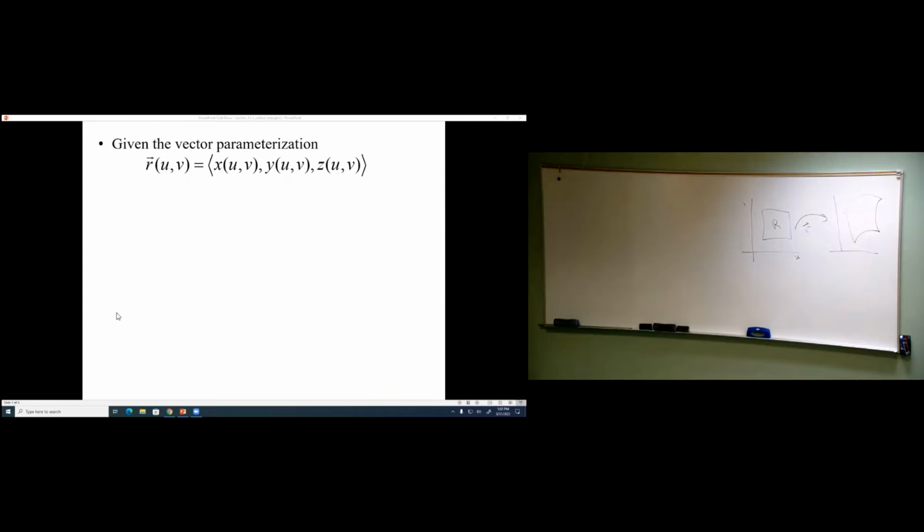All right, so actually we can even throw in our 3D. So that's what R is doing, that vector valued function. It's taking ordered pairs and mapping them onto a surface. So it creates the surface for us.